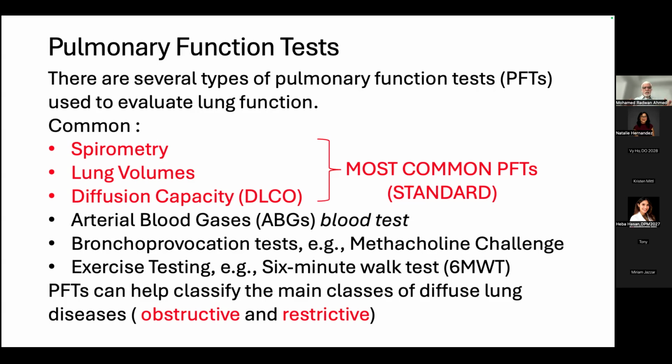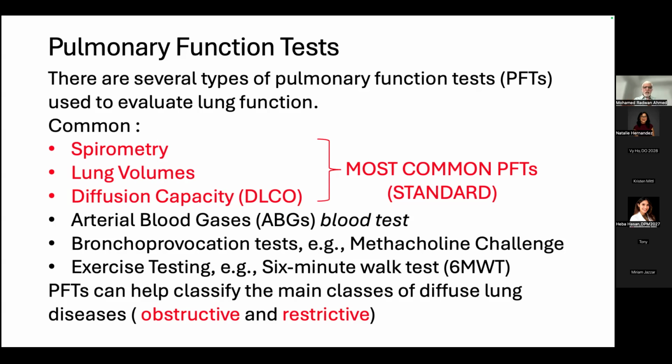So for the diffusion capacity, you blow in CO, carbon monoxide. It's toxic, but it's a very small amount. It's not that toxic in the test. And you see how this carbon monoxide goes from the air the patient inhales to the blood. So you will have an idea about the diffusion.